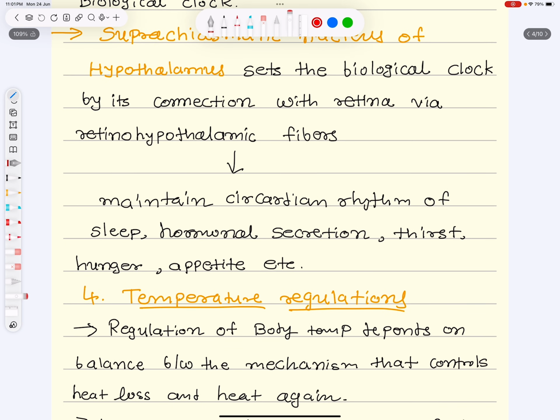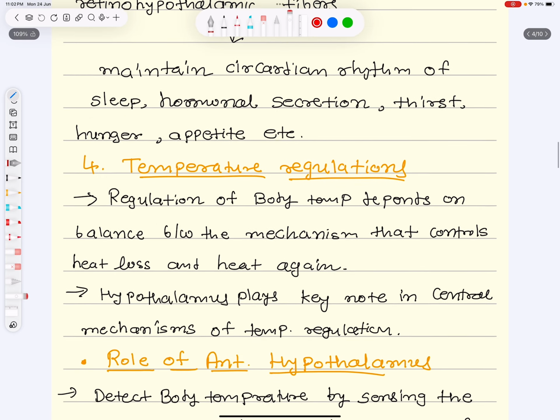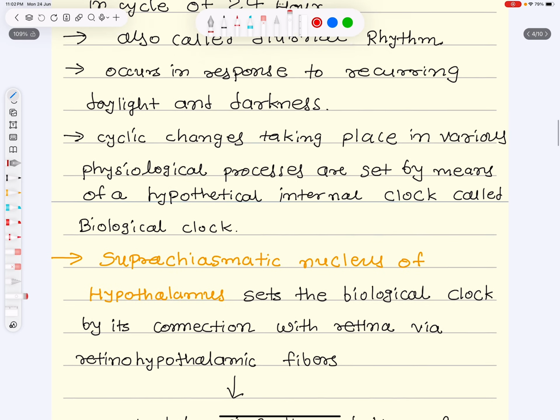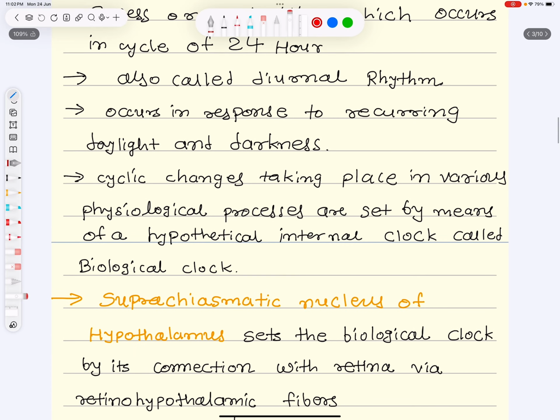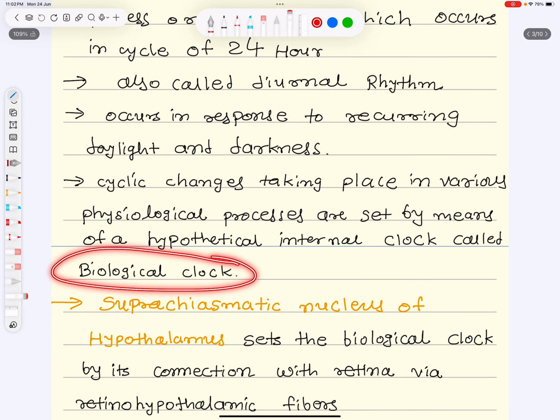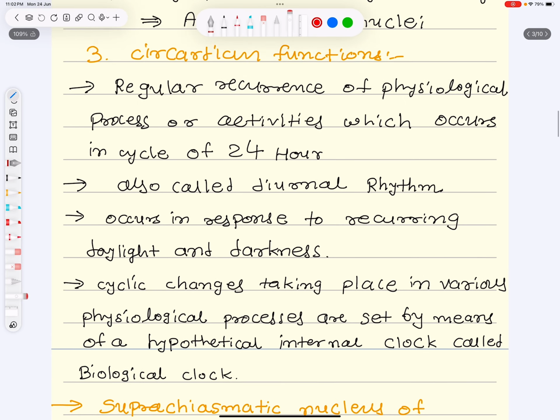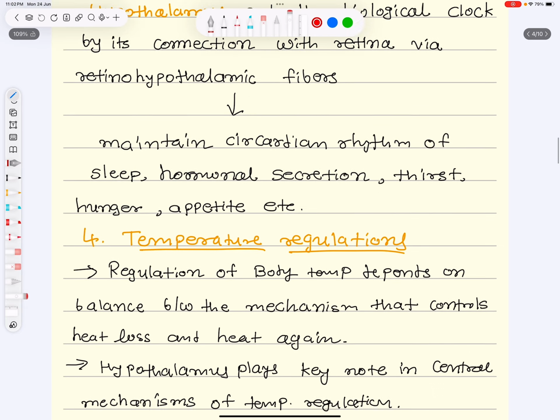So it maintains the circadian rhythm of sleep, hormonal secretion, thirst, hunger, appetite, etc. So these are circadian functions. This is important: the biological clock is very important in circadian function.